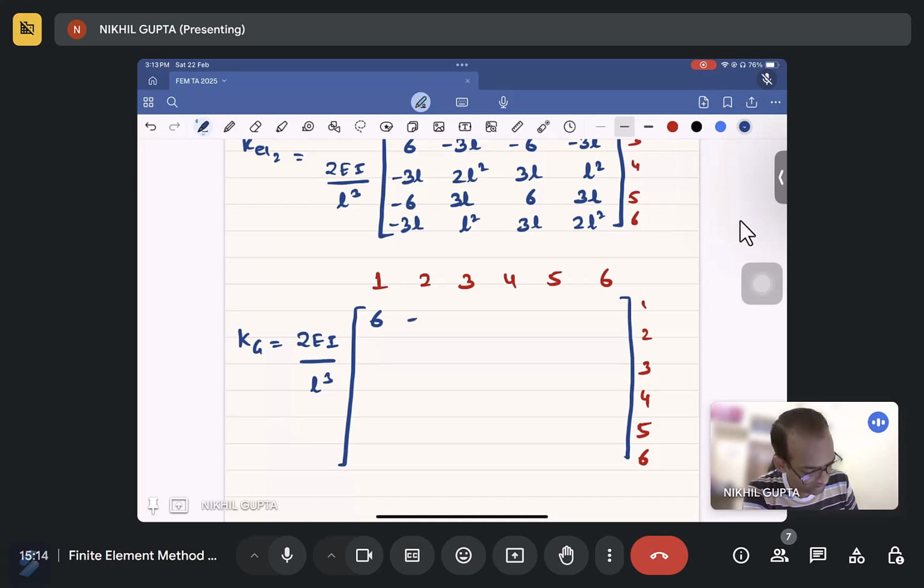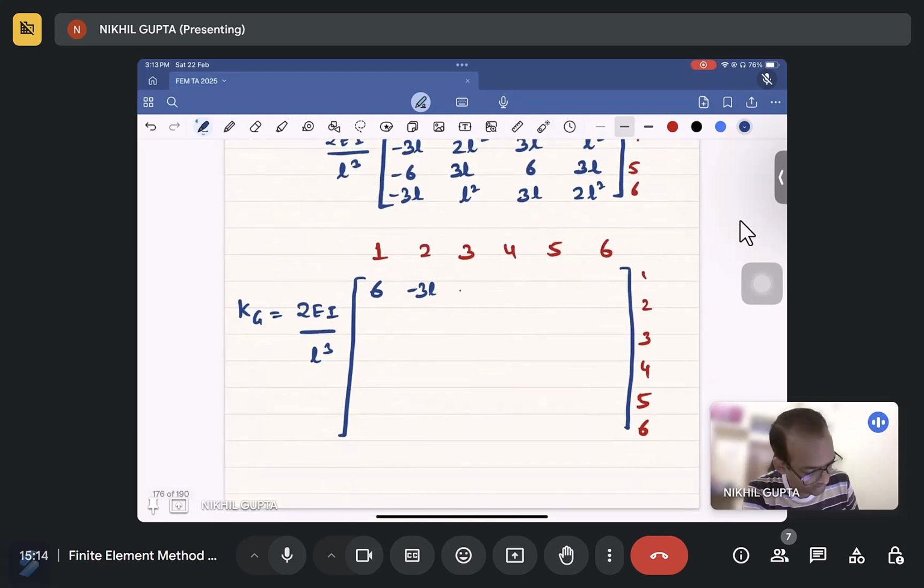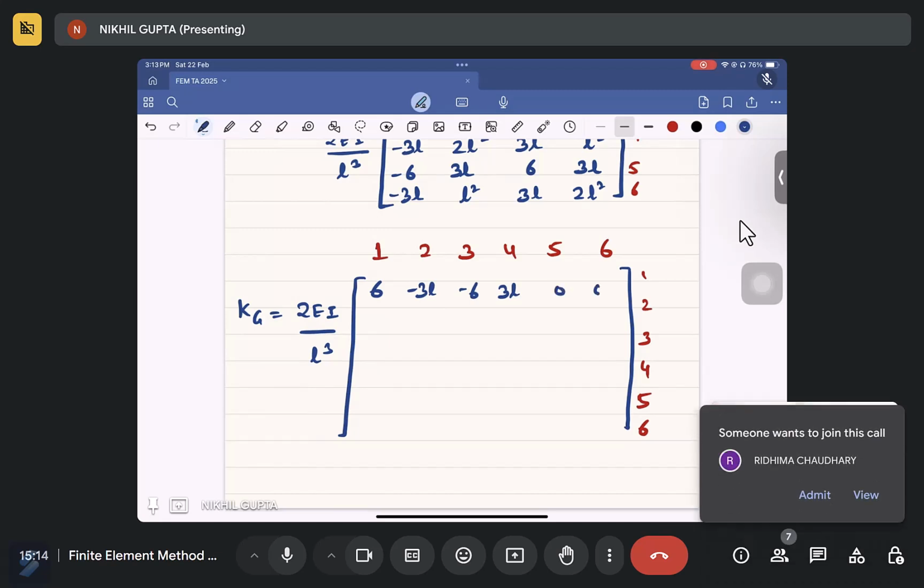Similarly, minus 3L, due to this 2 in 1, then it will be minus 6 3L 0 0.